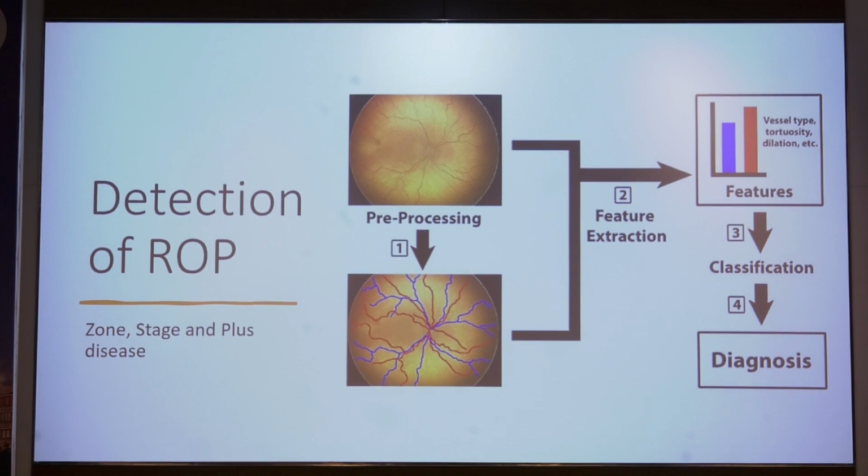In case of ROP, it's the segmentation of the vessels, and then features such as vessel diameter, vessel tortuosity, vessel length, the area of vascularization, the area which is not vascularized, and ridge tissue. These are the features that are looked at, and based on these features the disease is classified and you get the final outcome, whether it's a treatable ROP or non-treatable ROP.